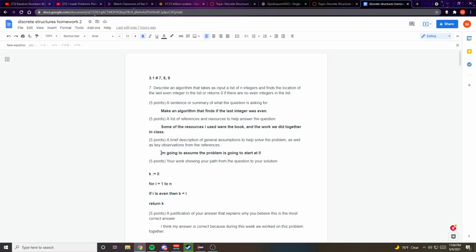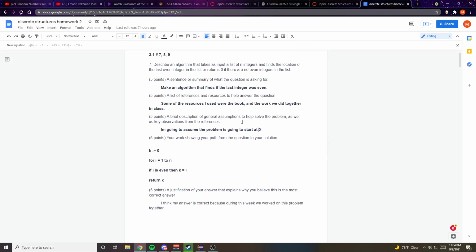I'm going to assume that the problem starts at 0, not 1 or negative. So k equals 0, for i equals 1 to n. If i is even, then k equals i, and then you just return k. That checks if the integer is even.